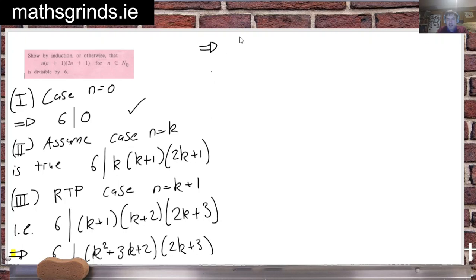That means I need to show that 6 divides into, let's multiply by k squared, 2k cubed plus 3k squared, multiplied by 3k, that's 6k squared plus 9k, and then by 2, 4k plus 6.